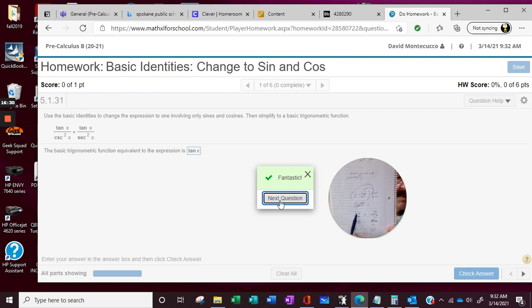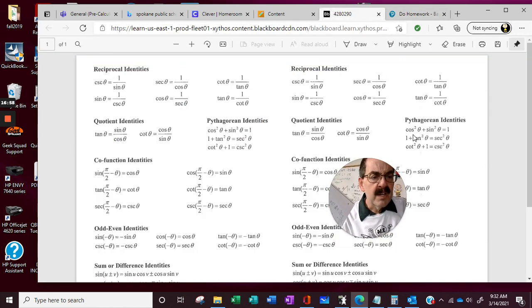Tan x is nothing more than sine over cosine. When you divide by a fraction, you flip it and multiply by the reciprocal, so we end up with cosine on the bottom. I'm going to factor out a sine. And then my final trig identity was cosine squared plus sine squared is equal to 1.